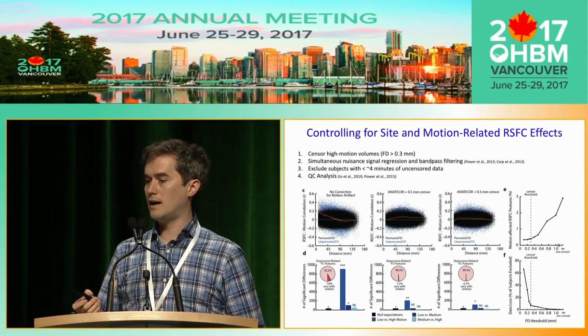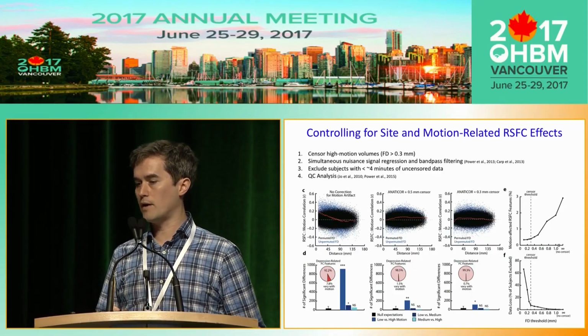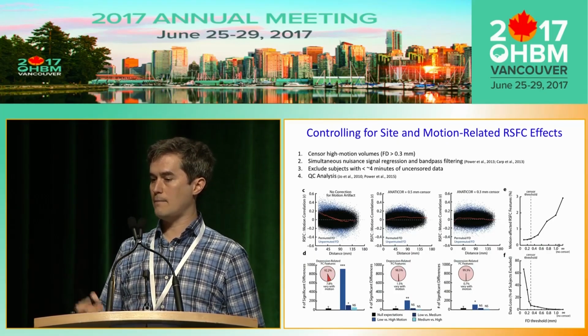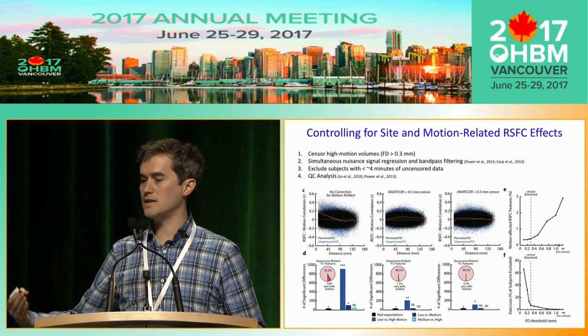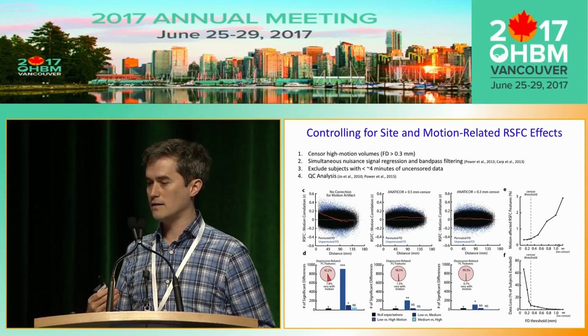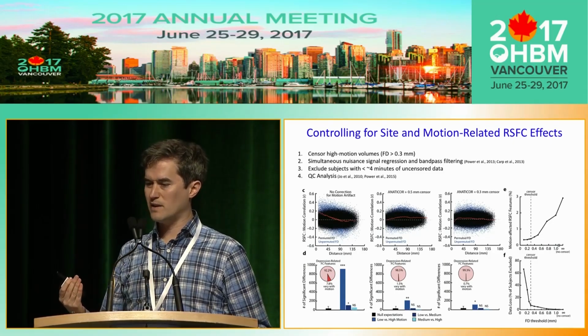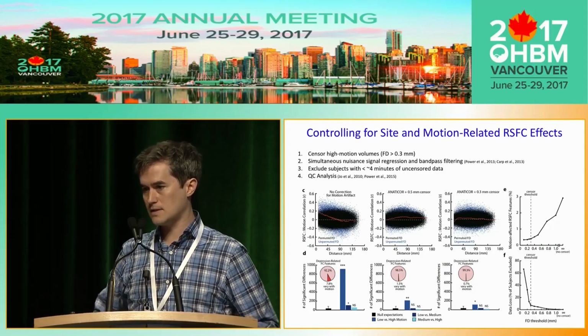As you'd imagine, that goes up with more liberal thresholds, and it really goes up sharply around 0.5 in our data. And then on the bottom right, panel F, there's an illustration of the trade-off of stringency in correction and data preservation. Below 0.3, or really 0.25, there's a pretty steep increase in subjects that we had to exclude altogether.